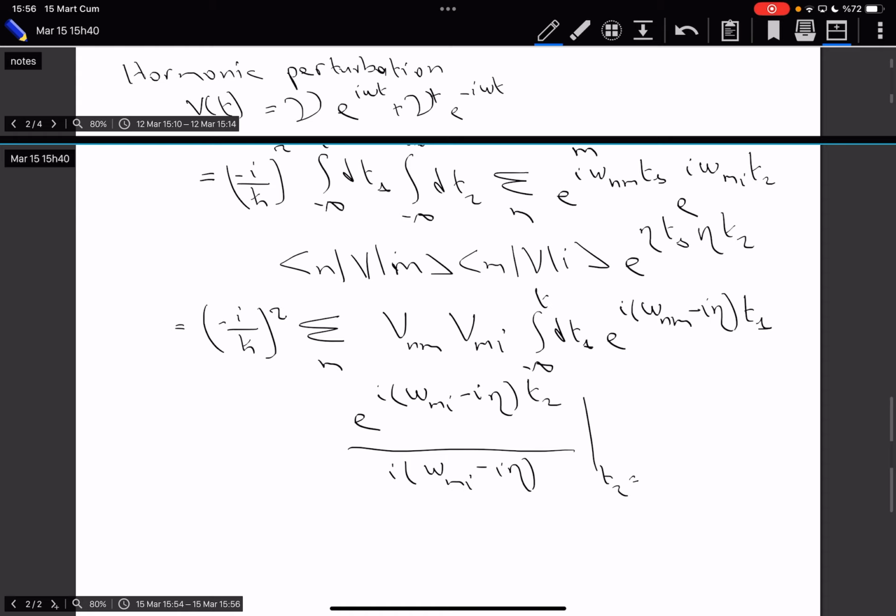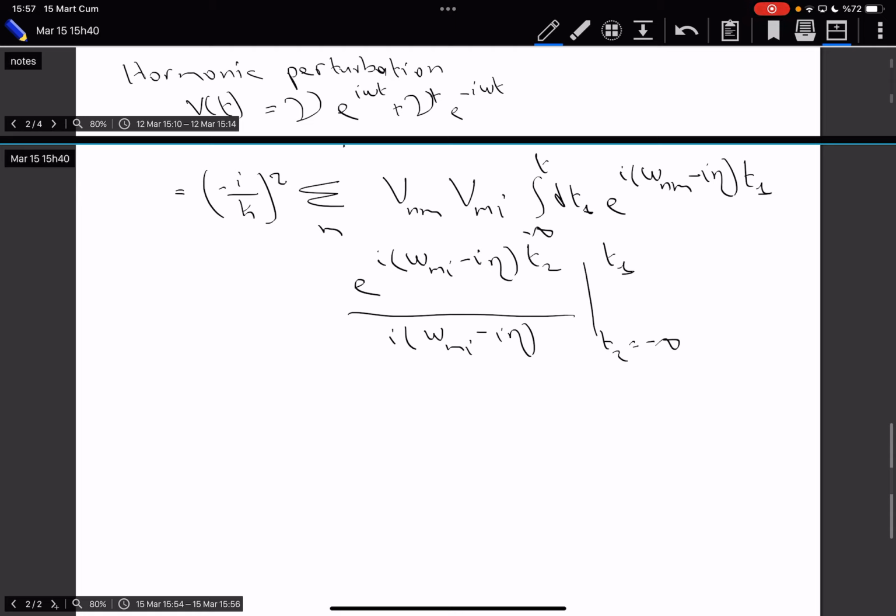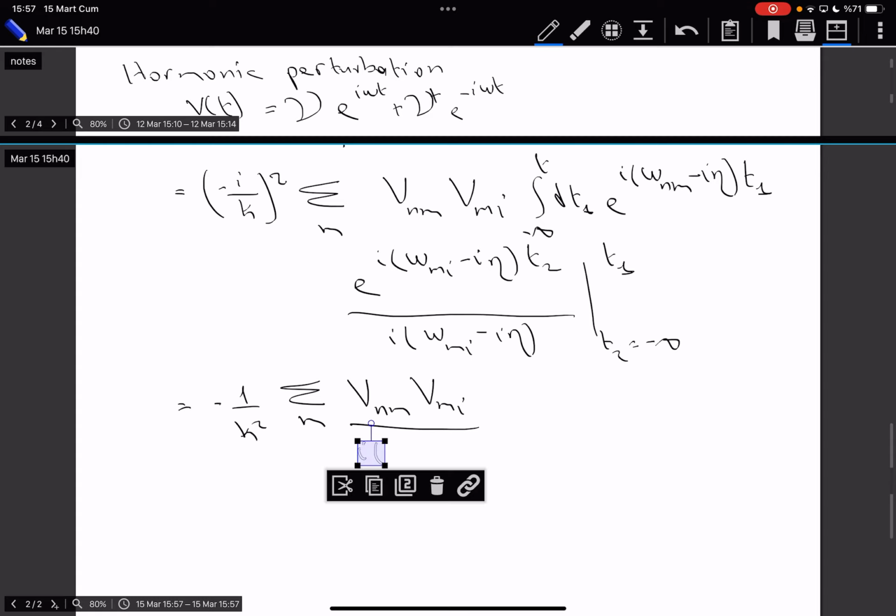T2 goes from minus infinity to T1. Now in the lower limit, when T2 goes to minus infinity, due to that eta term, it goes to 0. So this is equal to minus 1 over h bar squared, sum over m, Vnm, Vmi, divided by I, well, let me also move the I here, omega mi minus I eta.